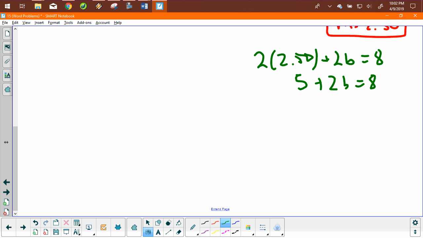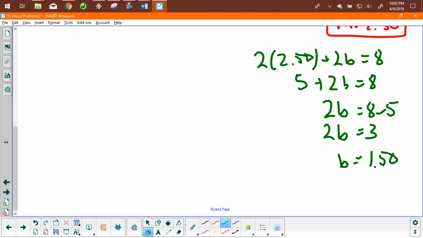We're going to bring the 5 over. 2b equals 8 minus 5 equals 3. So 2b equals 3. So b is equal to $1.50 when I divide by 2. And I guess I should show that step, shouldn't I? B equals 3 divided by 2. B is $1.50.